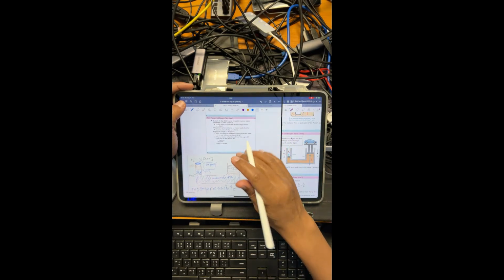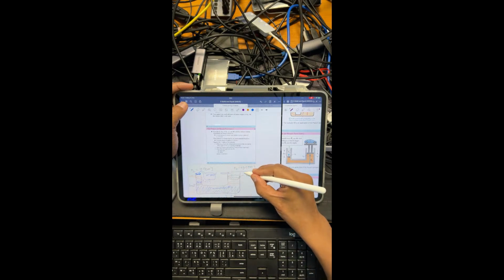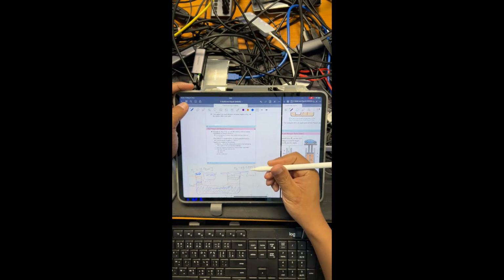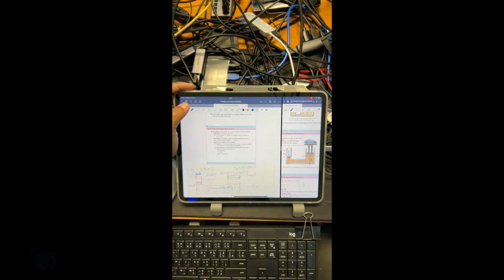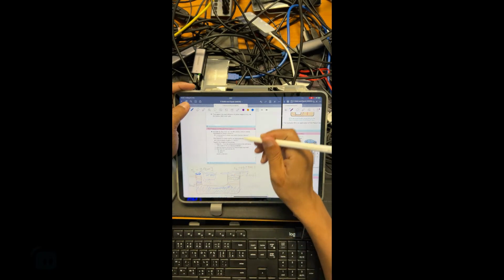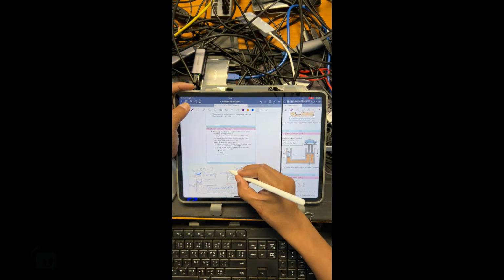Assume that we have the supporting base like that, and you leave a car which has the weight of 13,300 Newton, like that.